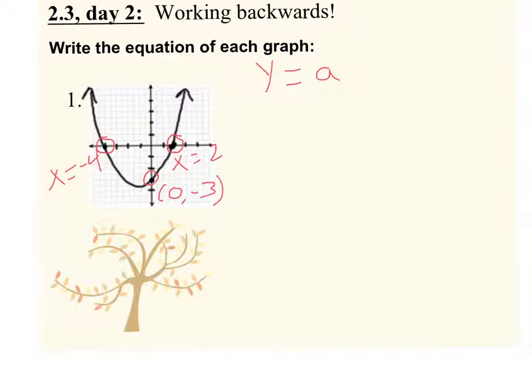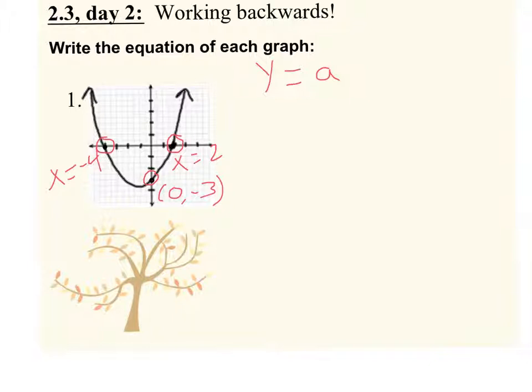I'm going to have to do some work in a few steps to get the width, but from looking at the graph, because it opens up, I can tell that a is going to be positive. So I'm going to factor that in when I start to find it. If I don't get a positive number, something went wrong. It's a means to think about what we're doing and reflect on our answer and make sure we're on the money.